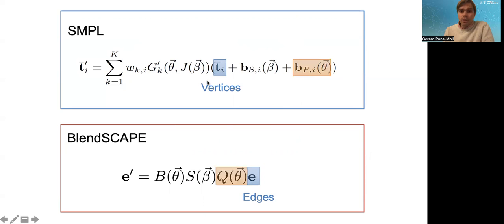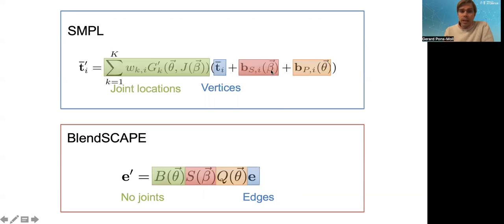In addition, the pose deformations in SMPL are basically a vertex displacement, which is learned, whereas here it is a transformation matrix, which is multiplying the edges. And the same happens with the shape component. And essentially, to model the articulation, we have this B matrix, B theta.